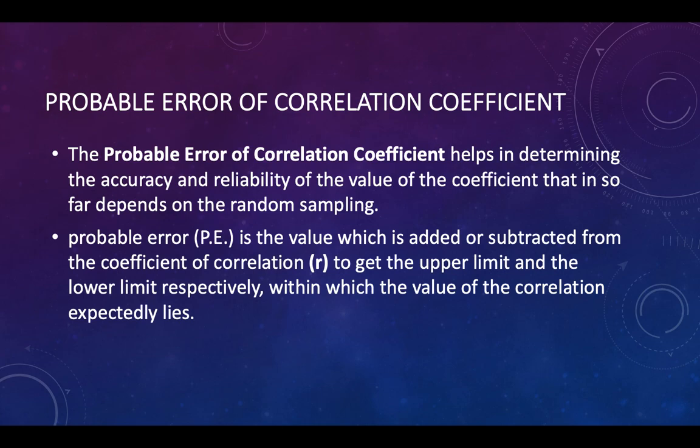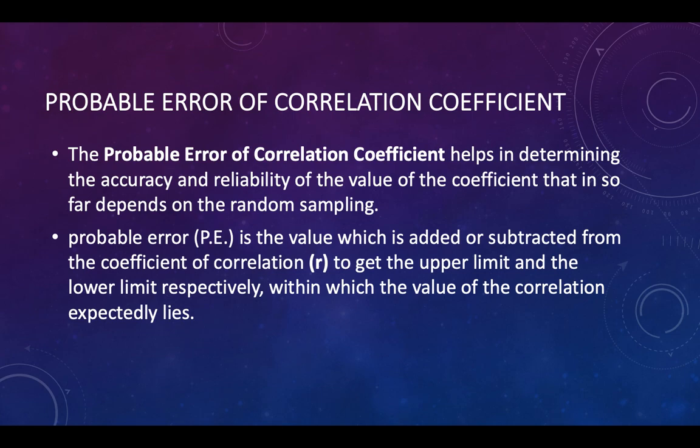Then we got the correlation coefficient. There is another thing we have to find out, that is the probable error of the correlation coefficient. Whenever we do any statistical analysis, obviously there is some error.